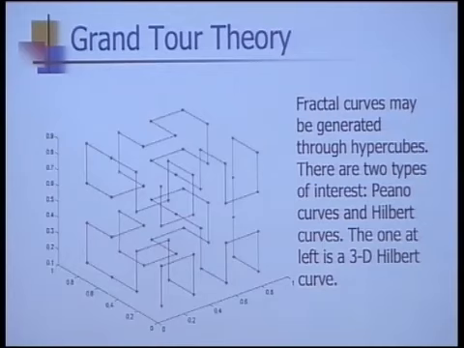And depending on how the lambdas are chosen, it can get stuck in certain regions of the hyperspace. So it's not always the case that you want to be able to do this exactly. And one of the things that we've been developing is the idea of looking at fractal curves.